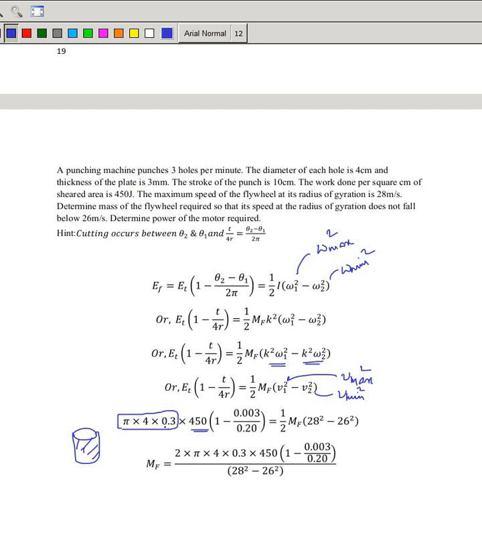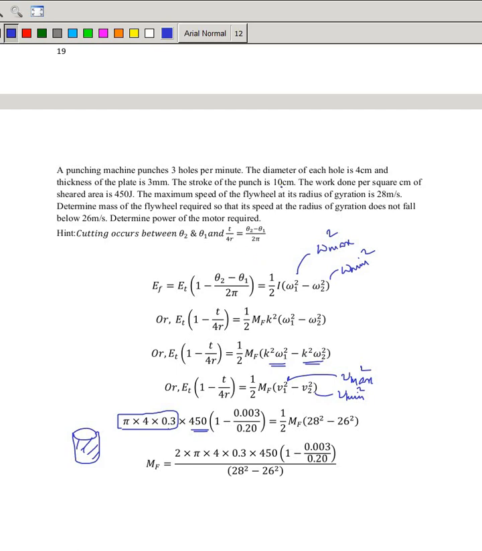So 4 centimeter, and the 3 millimeter has been made 0.3 centimeter, into 450, into one minus t by 4r. R is related to the stroke of the punch, and the stroke is twice the radius, so r is 5 centimeter.